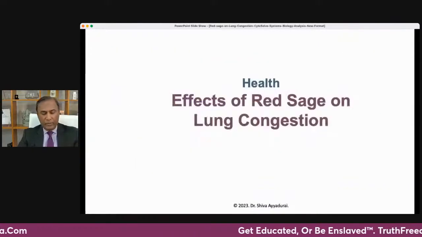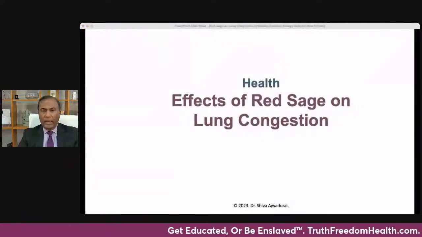So now we want to look at how red sage affects those pathways. You can think about those pathways as molecular machines. Red sage has different compounds, and some of those compounds can beneficially affect those 4 pathways to lower things and that 5th one to increase. So let's look at that.